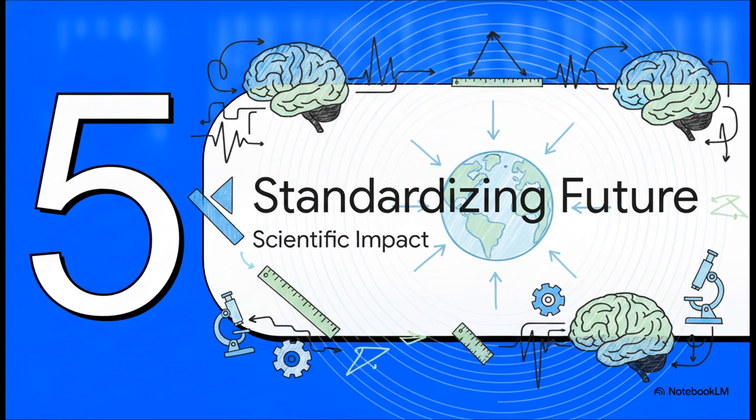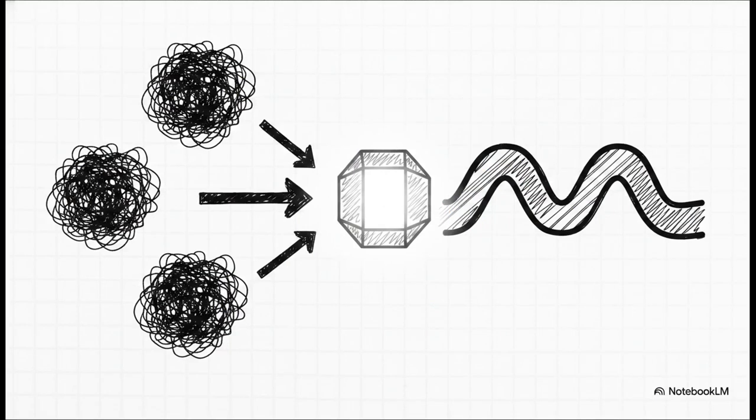Let's pull back and look at why this really matters. The transformative power of this level of standardization simply cannot be overstated. Because NeuroByte provides a truly common mathematical framework, it finally enables cross-cohort comparisons. This means completely independent research groups in entirely different countries can finally compare apples to apples.